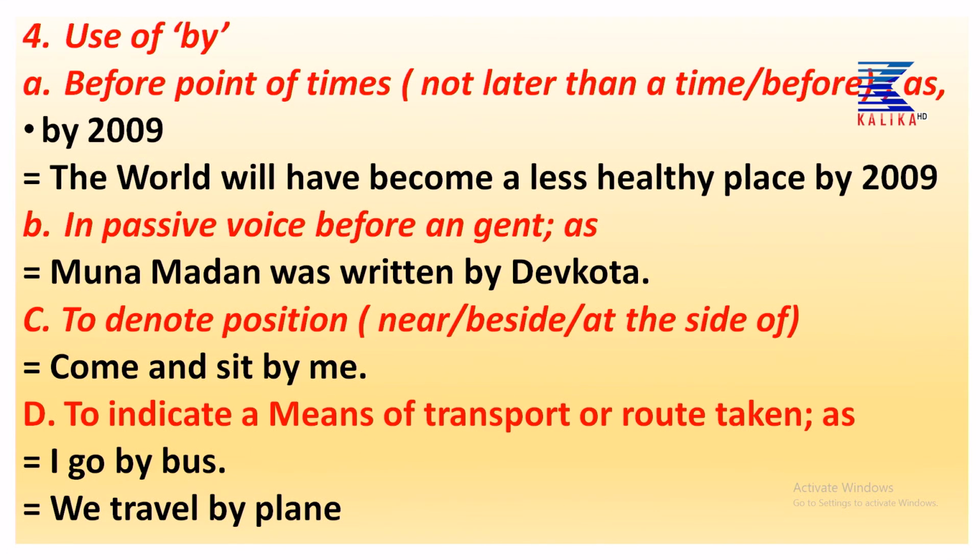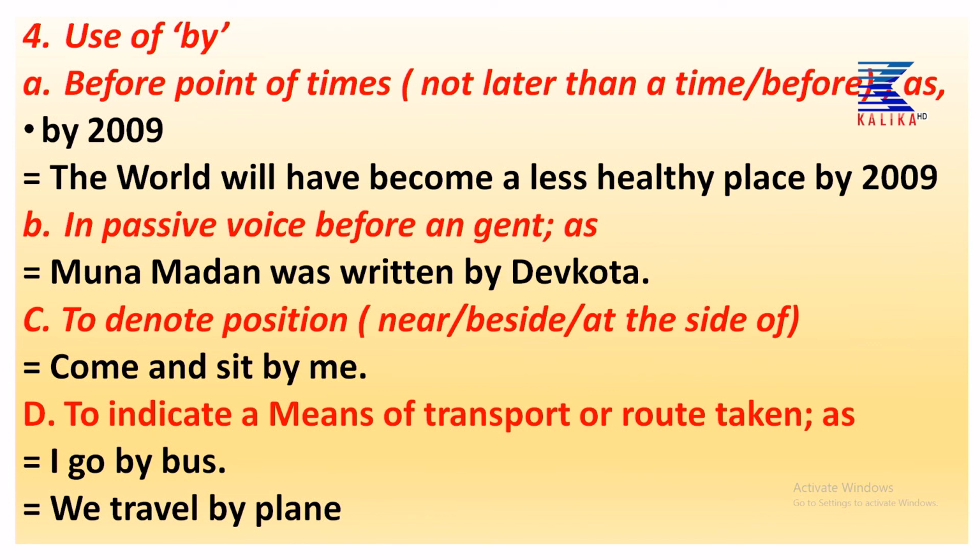Now, next is the preposition by. Now, we are on the preposition by. By is used to express how we do something. For example, did you come here by bus? Did you come here by bus?